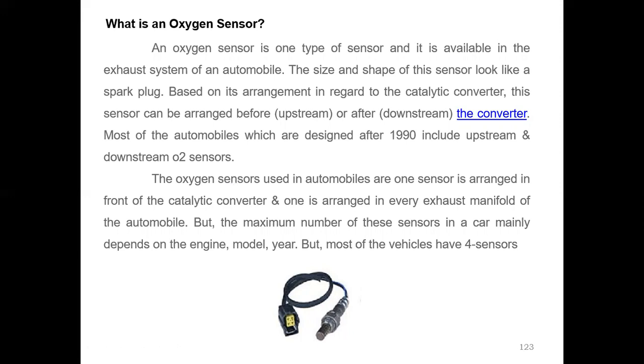In most automobiles designed after 1990, one oxygen sensor is arranged in front of the catalytic converter, and one is arranged in every exhaust manifold. The maximum number of sensors in a car mainly depends on the engine model year, but most vehicles have 4 sensors.